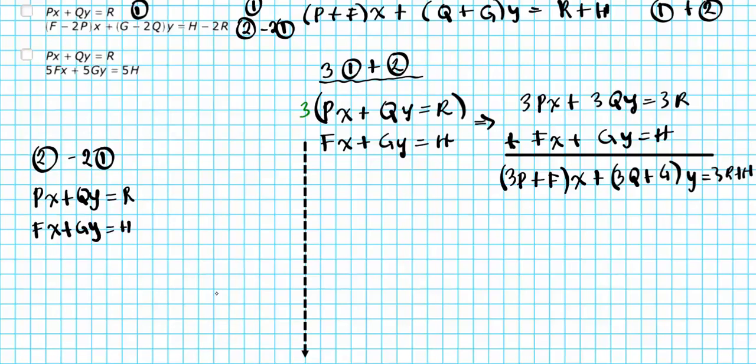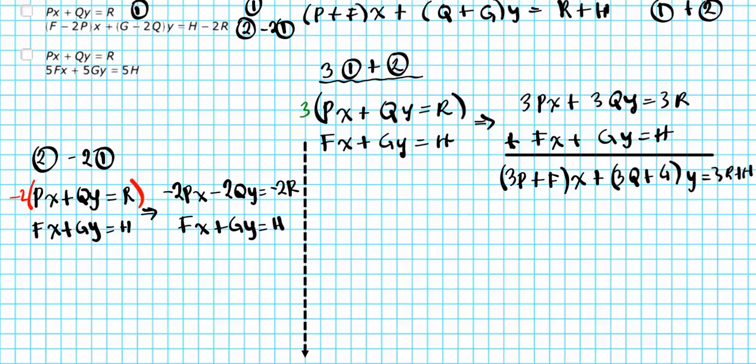What we're going to do is multiply equation 1 by -2, the entire thing. If we do that, we are going to get -2px minus 2qy equals -2r. Okay? And fx plus gy equals h.